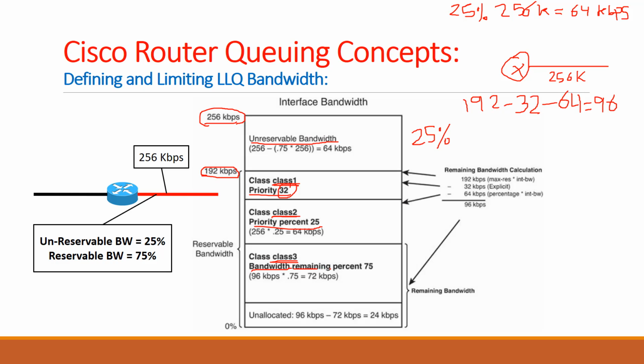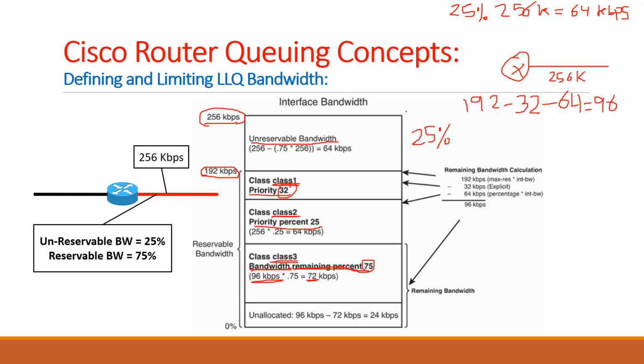For class 3 we use the bandwidth command, not the priority command, which uses the remaining percent. We're applying it in the same example, but with remaining percent 75, and 75% of the remaining 96 equals 72.